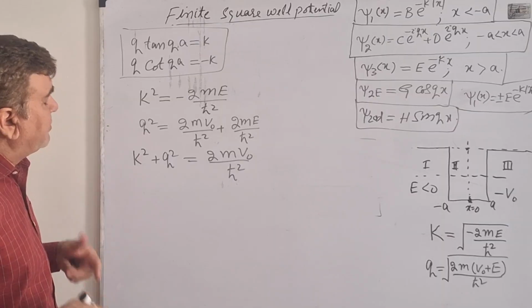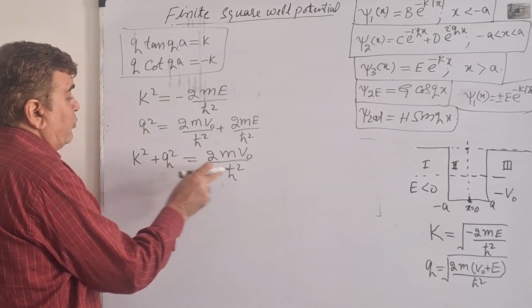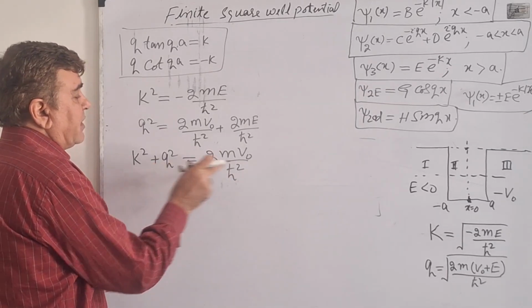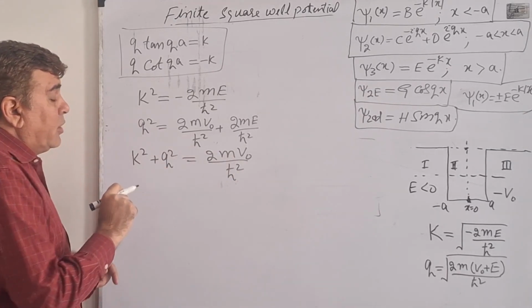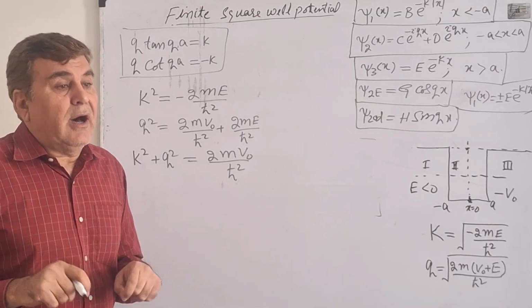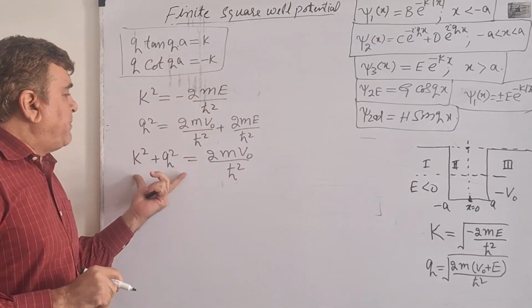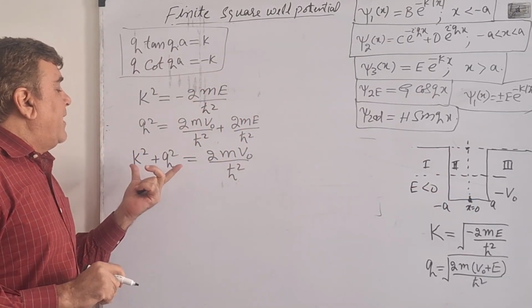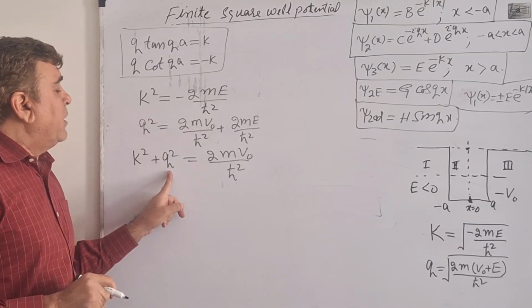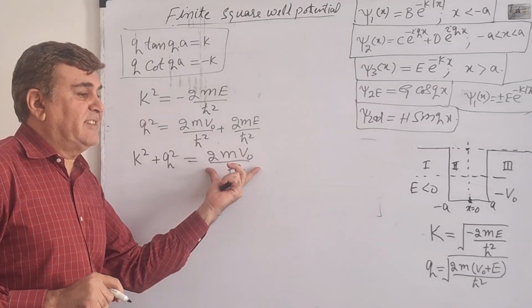So a different potential well would lead to circles of different radius. That means only those eigenvalues, eigenspectrums in the two regions are acceptable which fall on a circle in the kq plane, whose radius is given by the square root of this thing.